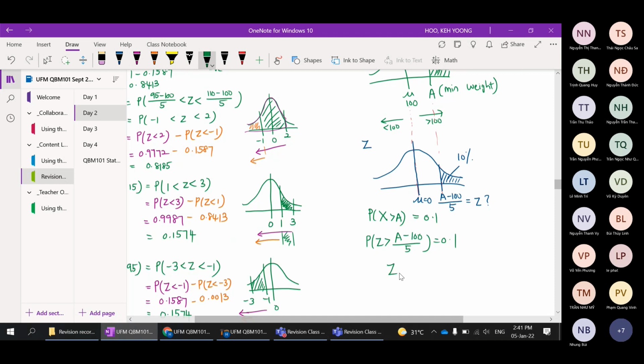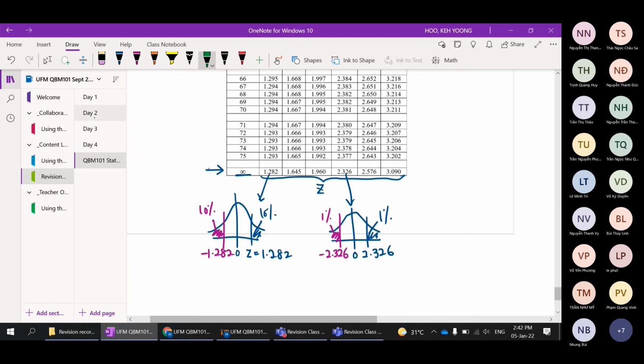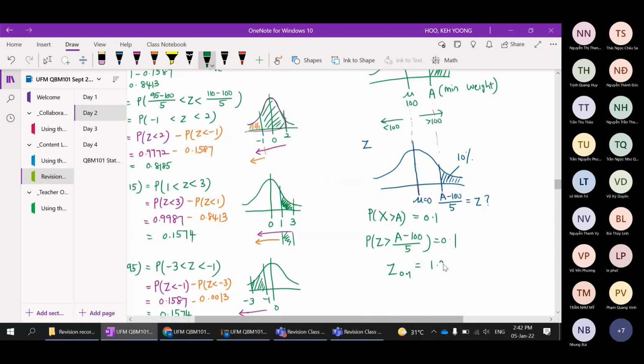Our Z value for 10%, 0.1, will be 1.282. So this value is actually 1.282, or in other words, Z more than 1.282 is 10%.